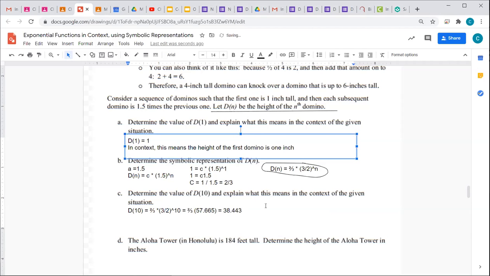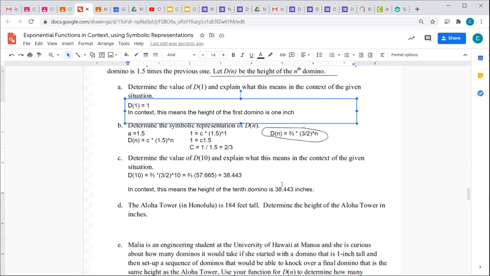So we can say in context, this means the height of the 10th domino is 38.443 inches. All right. So now we can actually describe a situation using our symbolic representation.